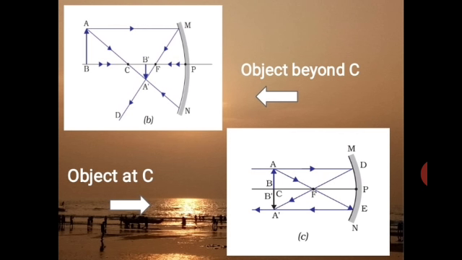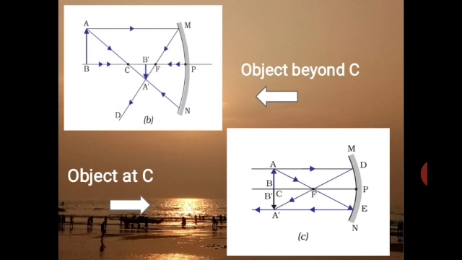Now let us look at the third diagram. In the third diagram, the object is placed exactly at C. So, AB is the object placed on the principal axis at point C. We have drawn 2 rays here. The ray AD is parallel to the principal axis, which after reflection passes through the focus. So, DF is the ray that is reflected.